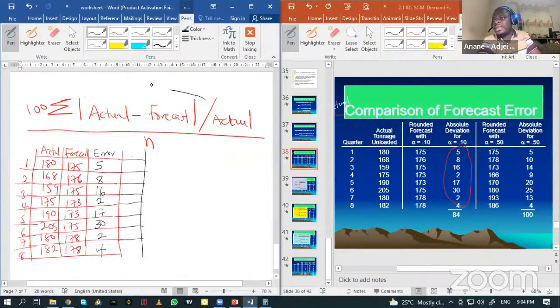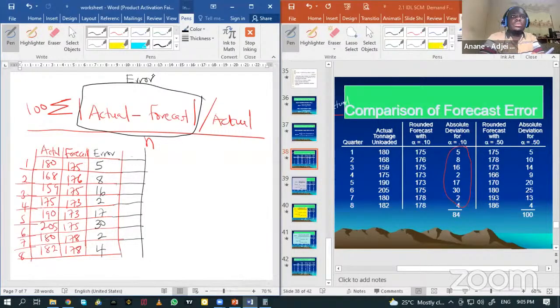This whole side is our error. So we are going to divide.